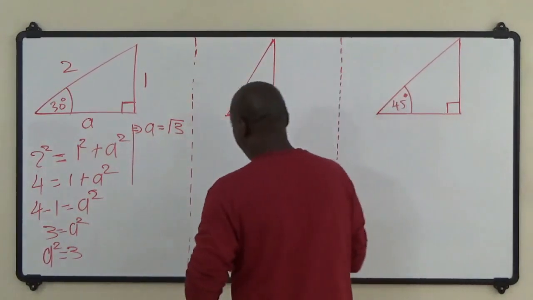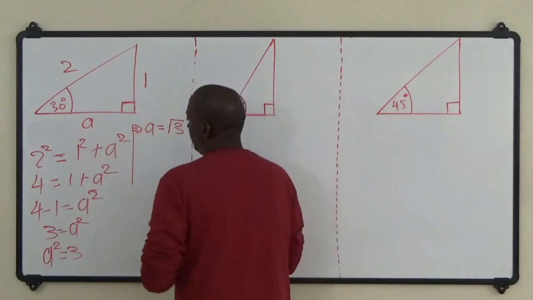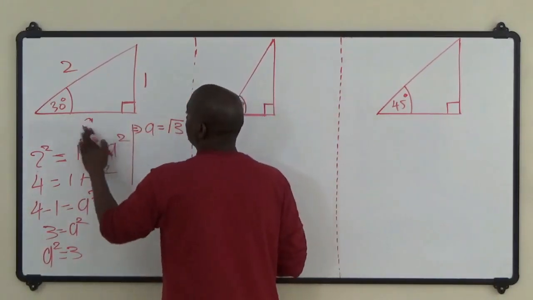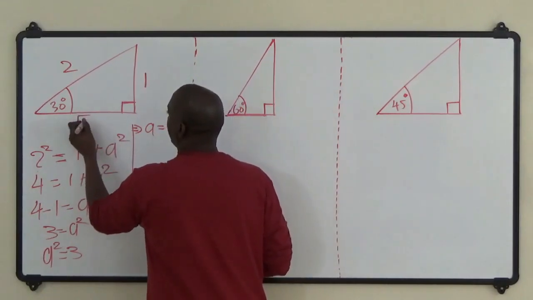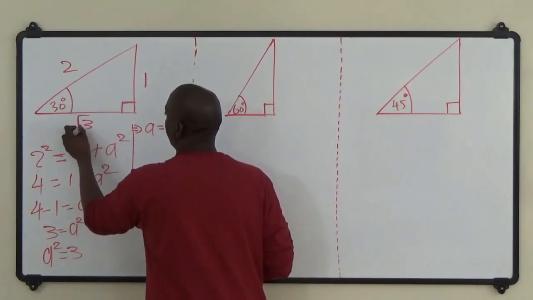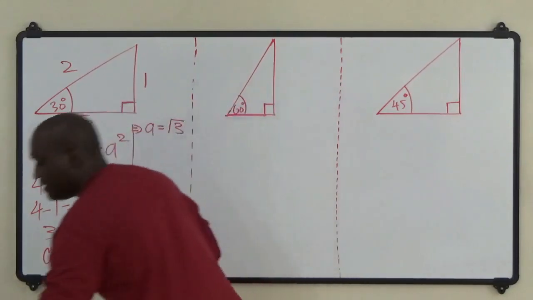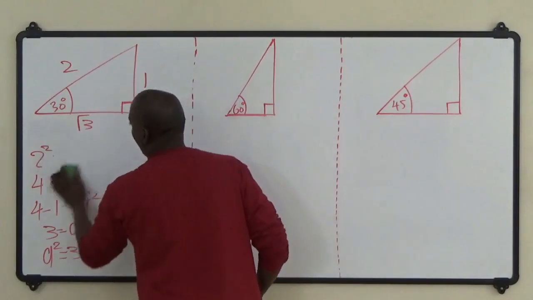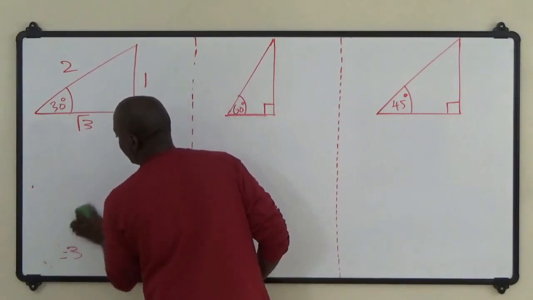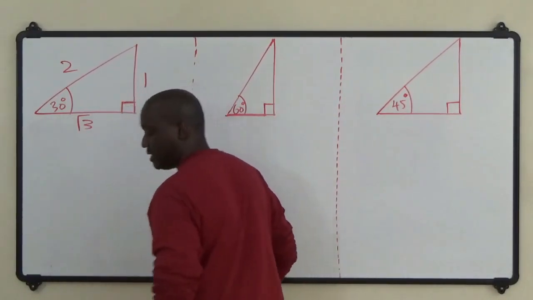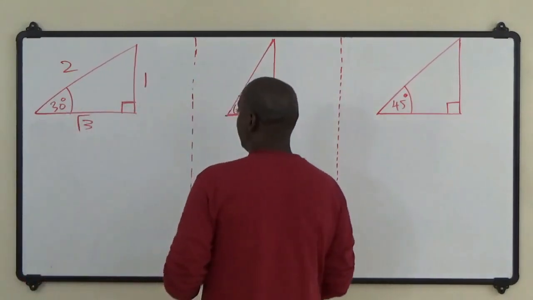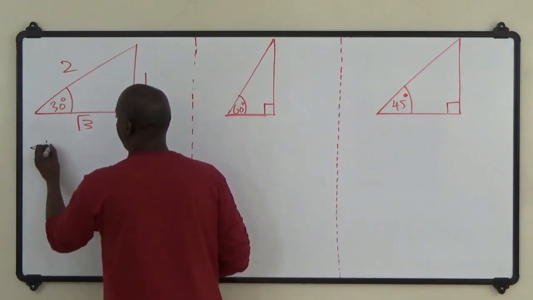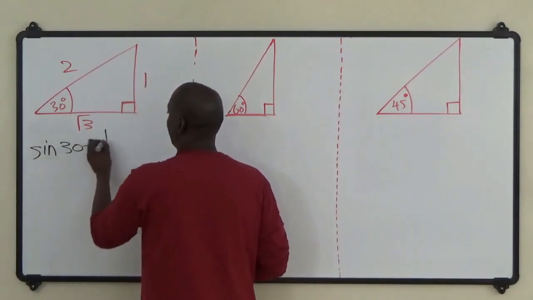Having gone through this, we could then replace the adjacent here by root 3 in surd form. Now that we have all the lengths, we could then derive the ratios as follows. We can say then that the sine of 30 is a half, which is what we started off with.